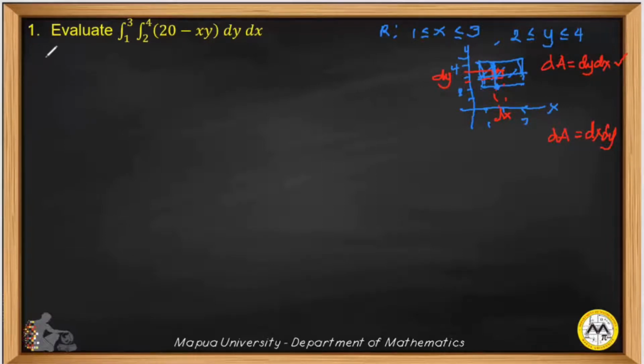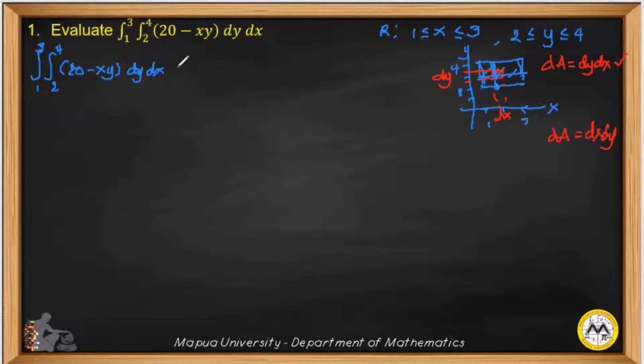So let us evaluate the double integral of 20 minus xy dy dx, where y goes from 2 to 4 and x goes from 1 to 3.